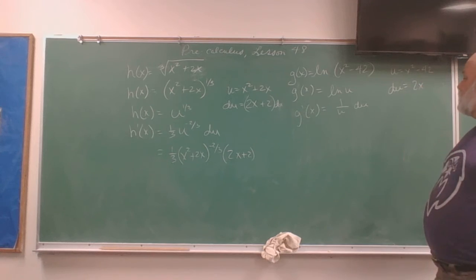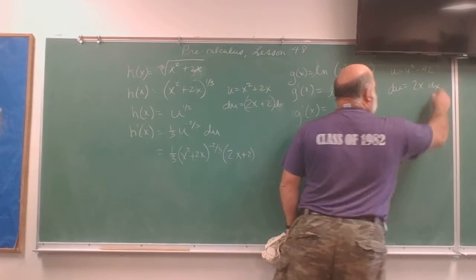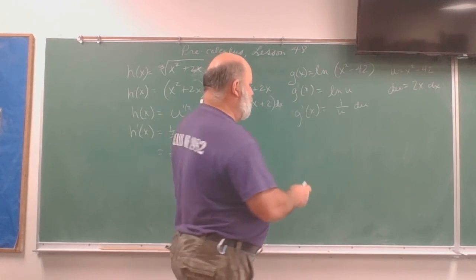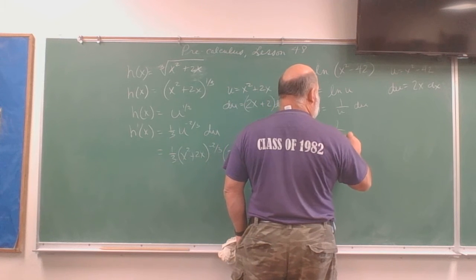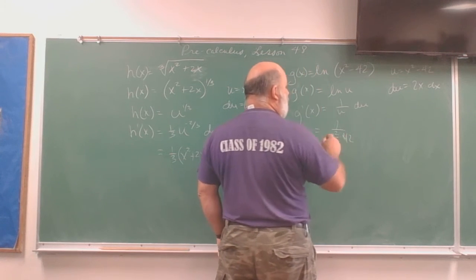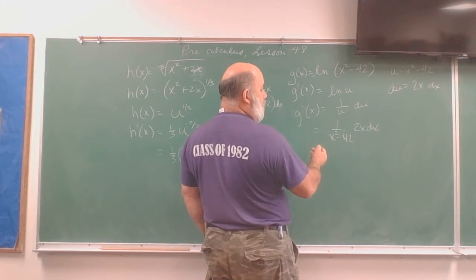I'm off camera, I see. So, and technically dx, but we're not going to have that in the end answer. So my answer is 1 over x squared minus 42 times 2x dx, which again, they'll get rid of the dx.